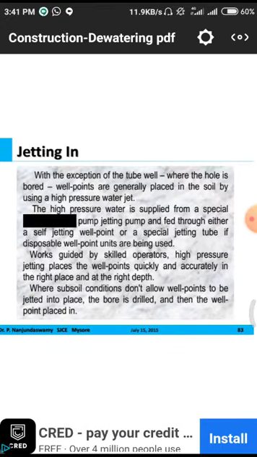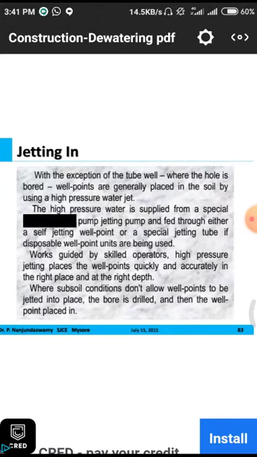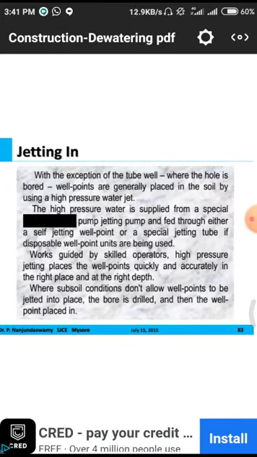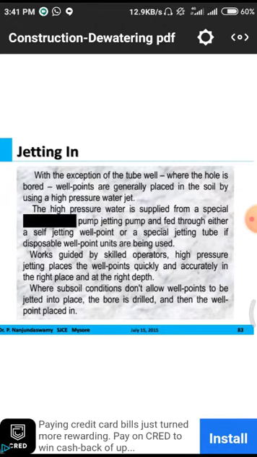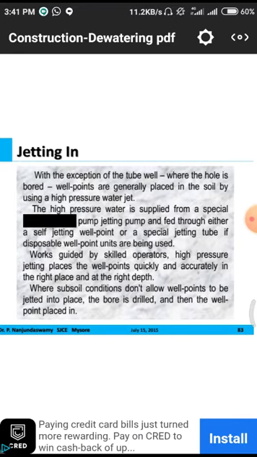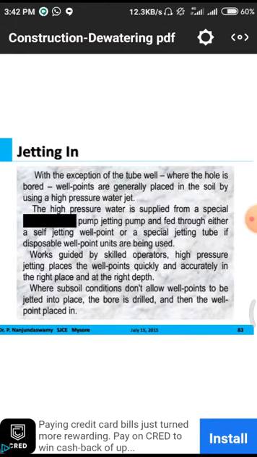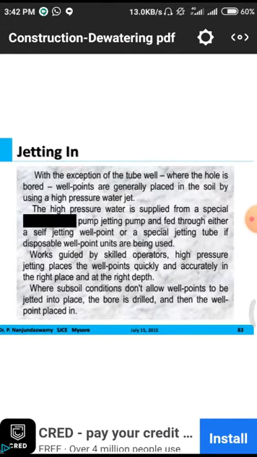If water is not coming, we have to increase the vacuum pressure in the particular pipe system so that the pipeline system and the motor will collect more water in a shorter span of time, where subsoil conditions don't allow well points to be jetted into place. Subsoil conditions means that in the particular subsoil we have less pressure and less air, so it will not give much water.